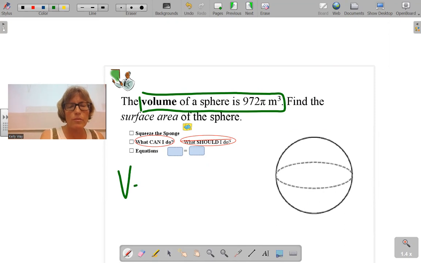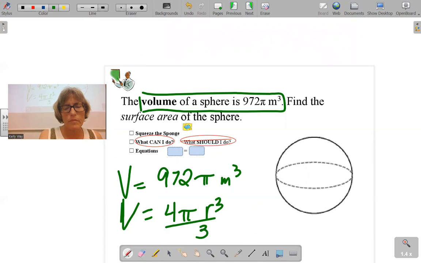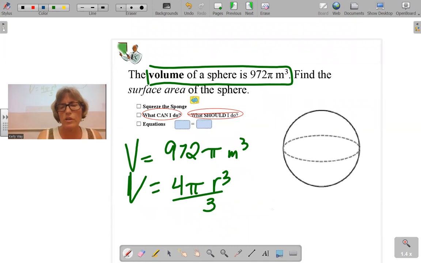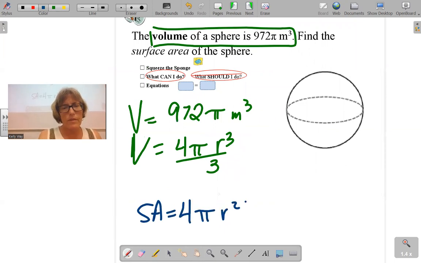Let's write it down. Write down the volume equation right underneath it. And we're trying to find surface area. So this one we work backwards.